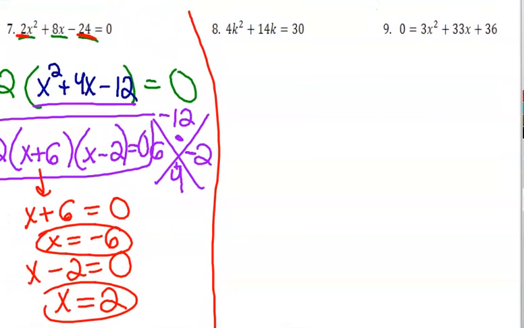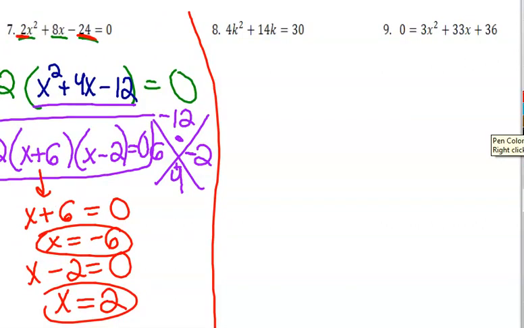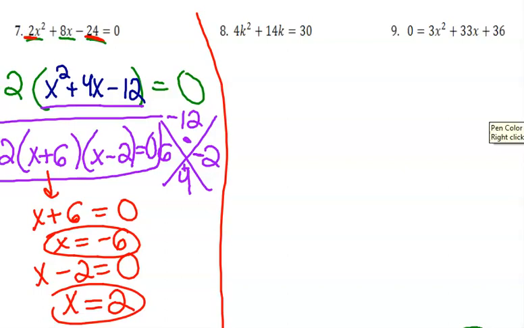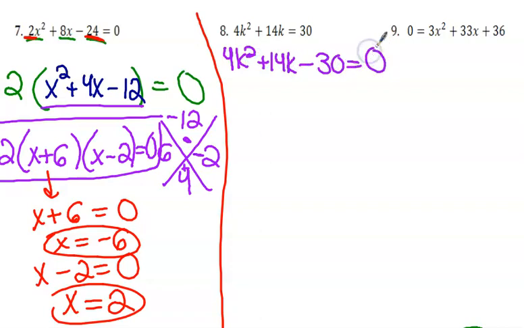All right, number 8. I do not have it by itself yet. I need to bring the 30 over to make it equal to 0. So I have 4k squared plus 14k minus 30 equals 0. Now I have it equal to 0, zero product property or product rule.